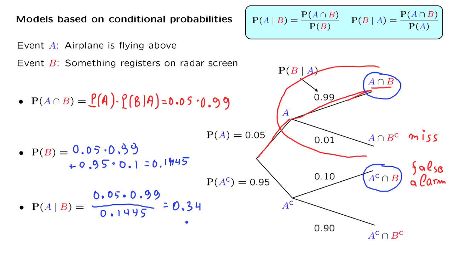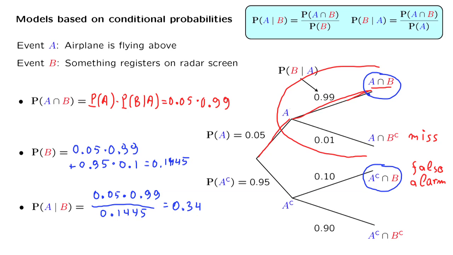So there is a 34% probability that an airplane is there, given that the radar has seen or thinks that it sees something. So the numerical value of this answer is somewhat interesting because it's pretty small.